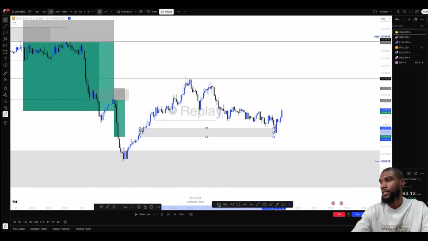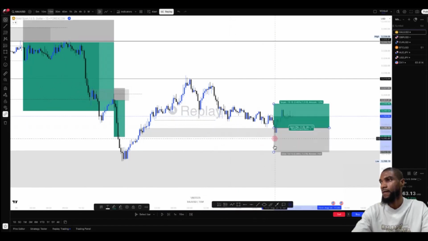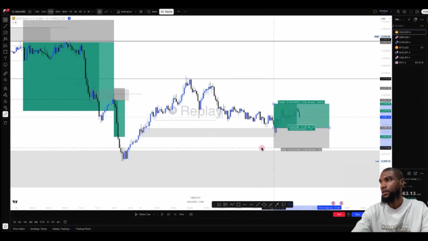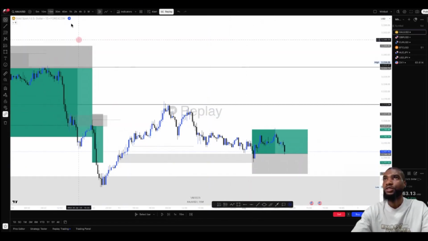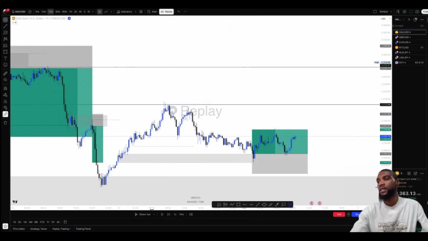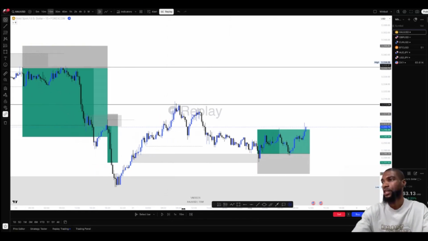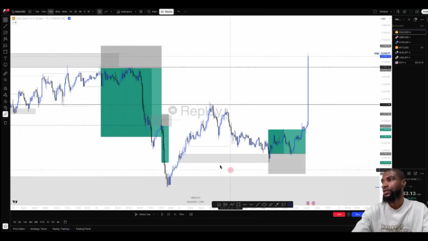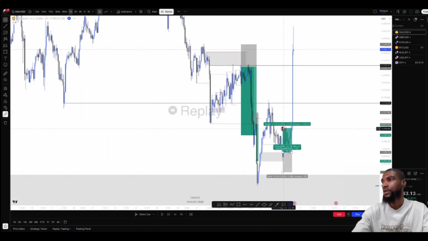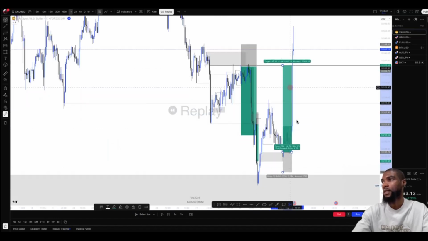Boom. Price taps in here and have my stop loss here. So this was where I got that good NFP move. You can say this was where I got the trade and this was my target.